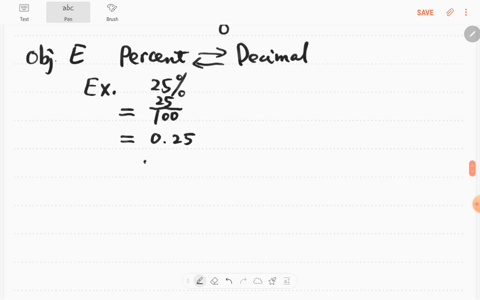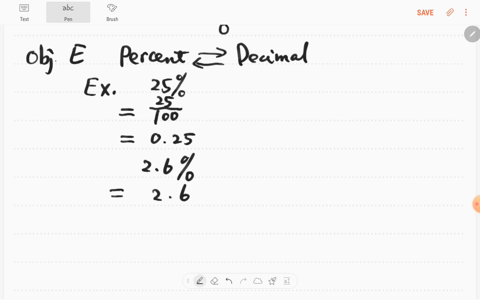So about 2.6%. We can write 2.6 first. Then we only need to change your decimal point.